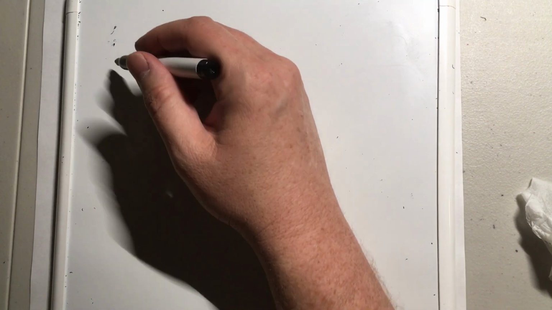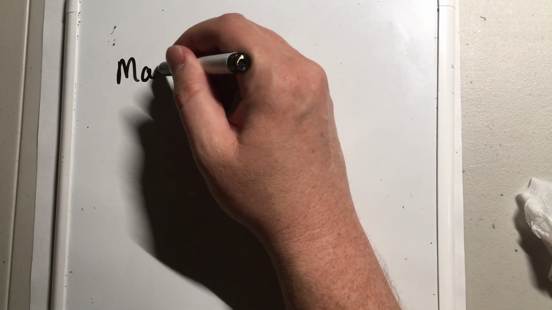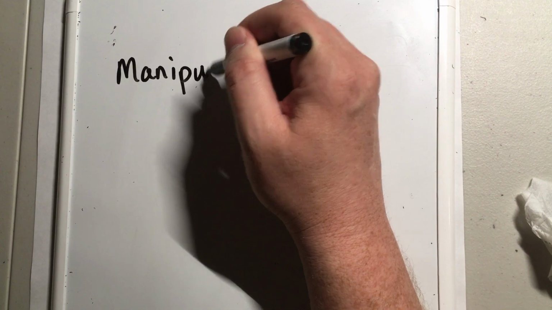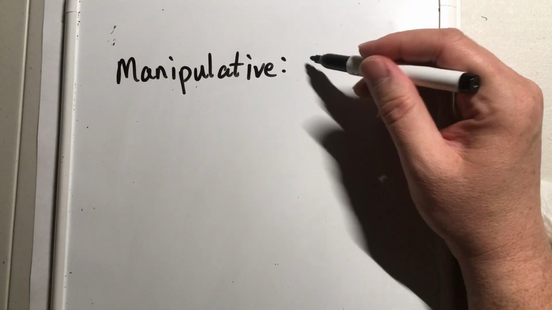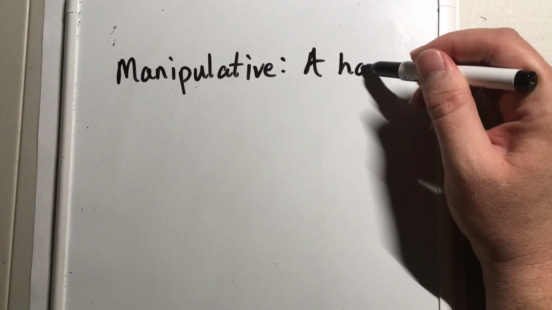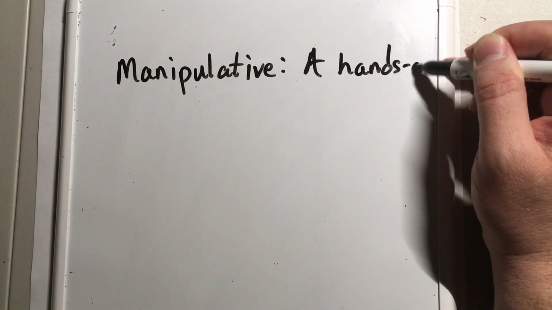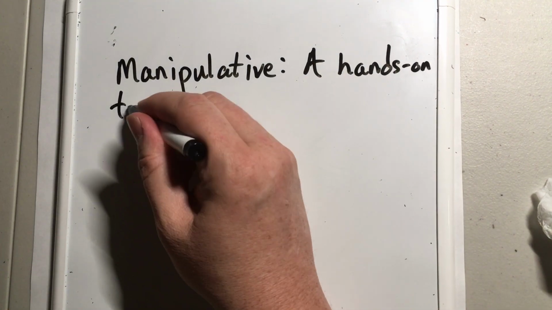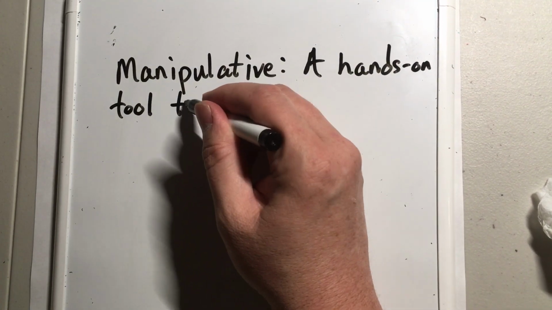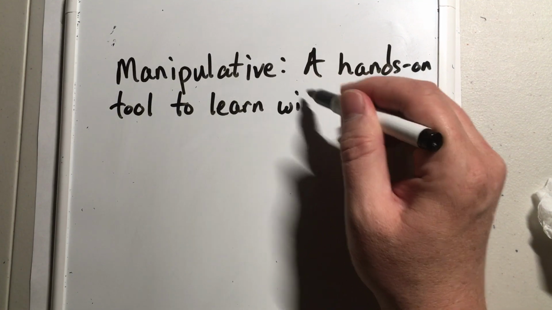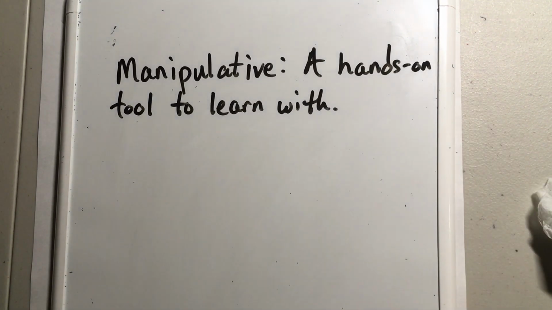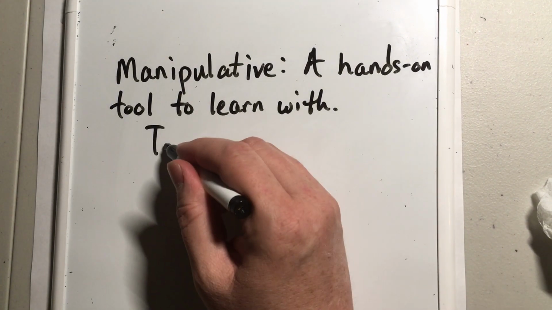Okay, we're going to be working with manipulatives first. And in a classroom setting, a manipulative means a hands-on tool to learn with. Okay. And the style of learning is called tactile.